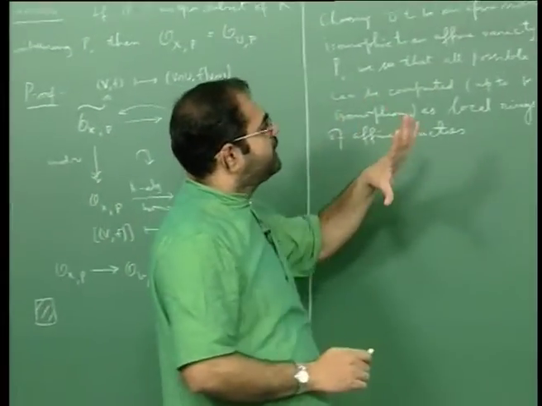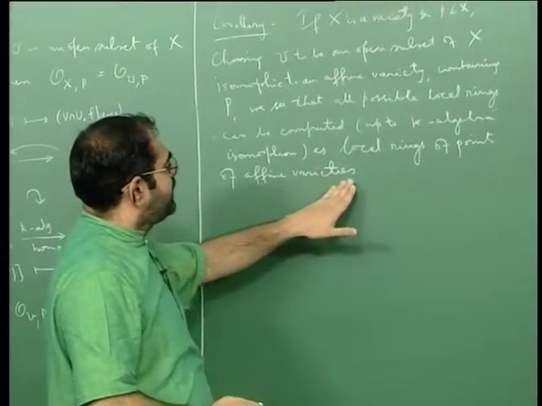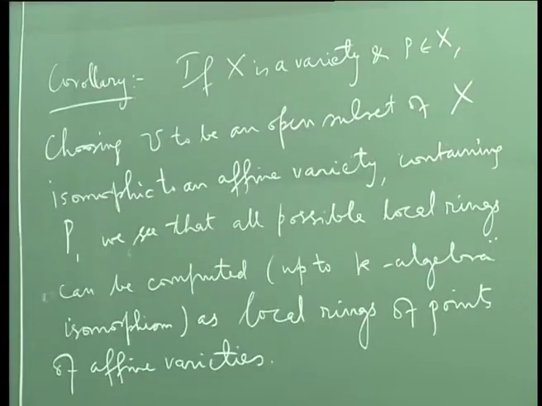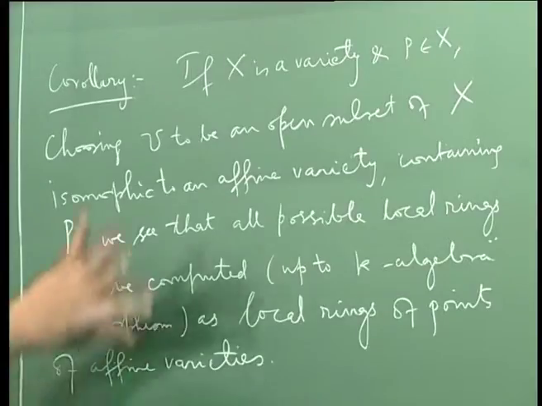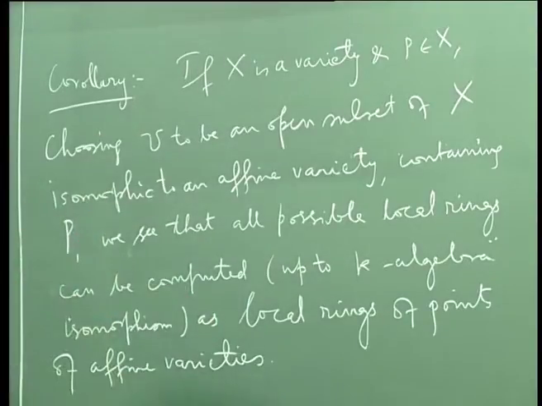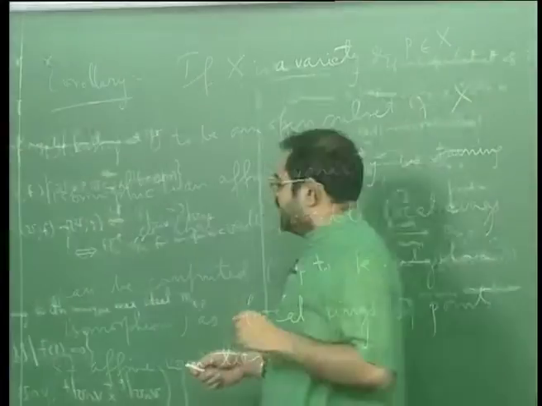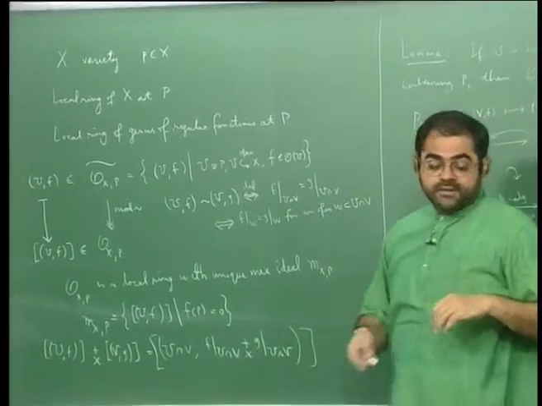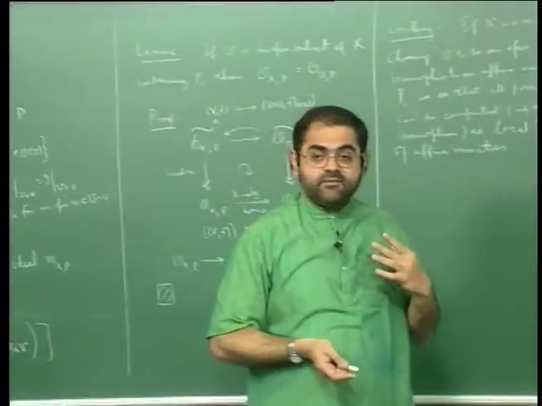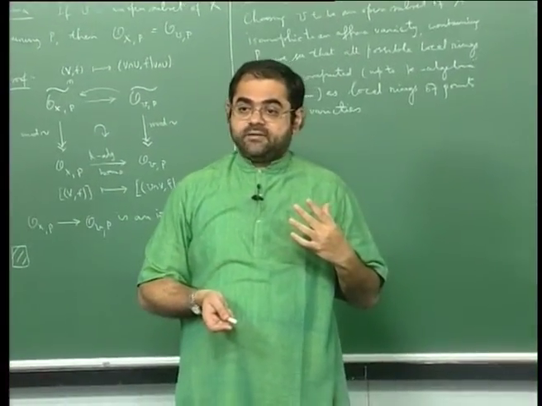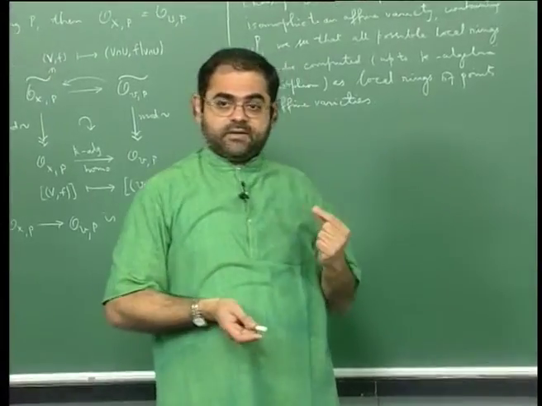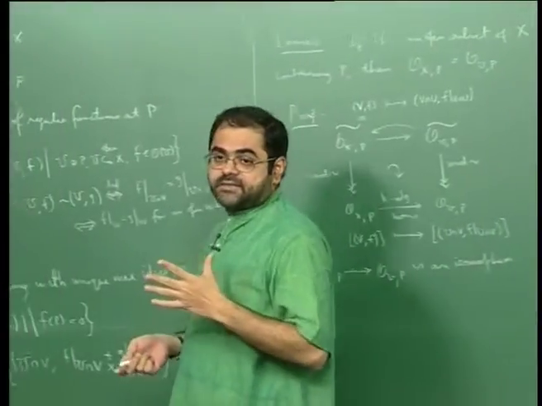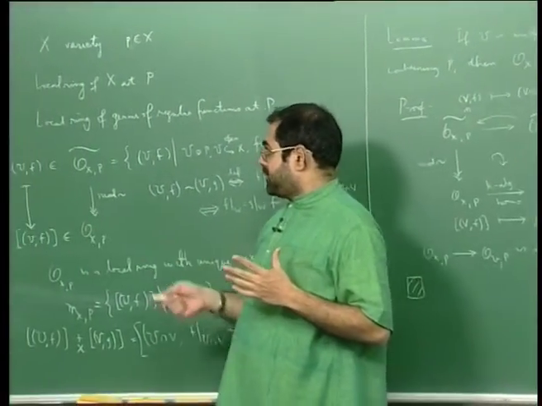So finally, there's another thing that has gone in between the lines, which I should have said, but I'll say that now. I want to say that this local ring is an invariant of the point on the variety. So what I'm trying to say is that it doesn't change under isomorphisms.